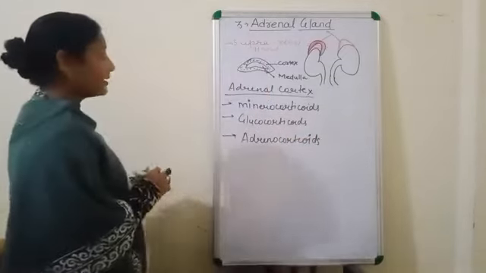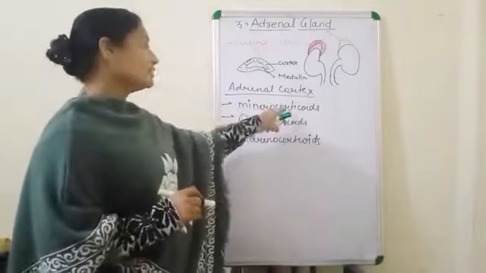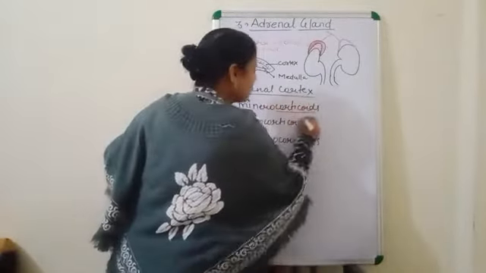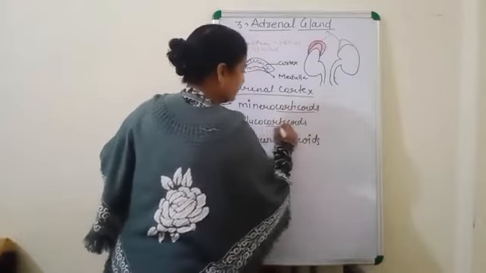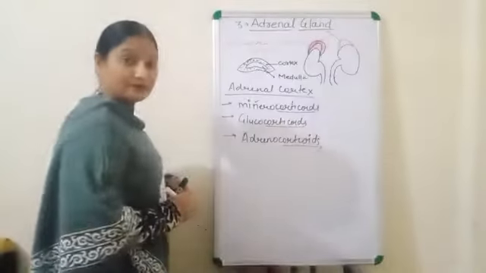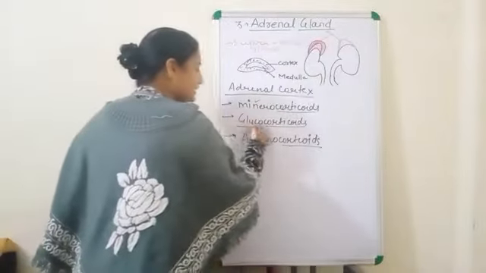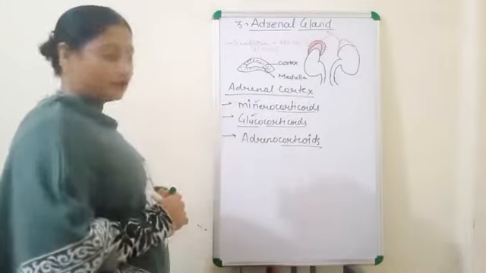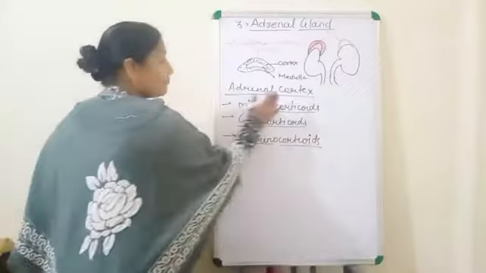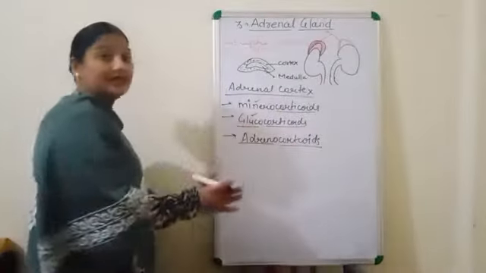Now see, because the hormones are secreted from the cortex, we have got the name corticoids. And the hormone related with the mineral is mineralocorticoid, related with the glucose is glucocorticoid, and then finally adrenocorticoid. Now see, what are the functions of all these hormones?